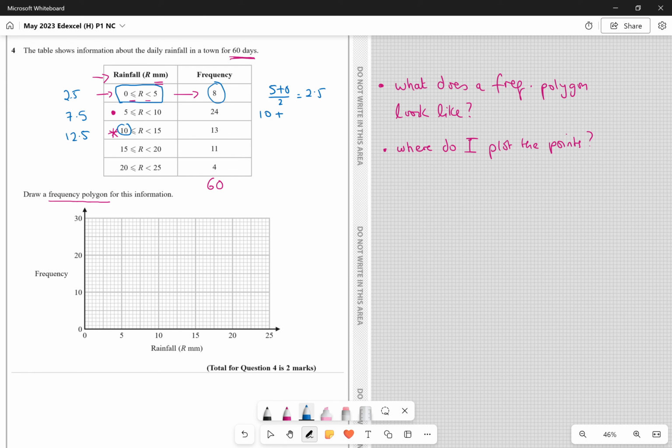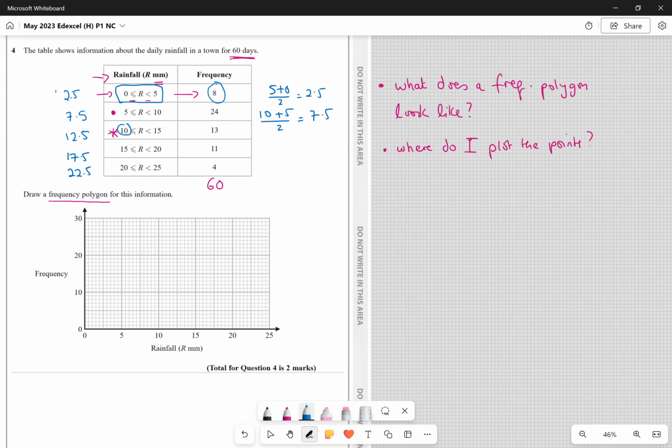So 10 plus 5 divided by 2 is 10 plus 5 is 15, divided by 2 is 7.5, and so on. You could do it like that as well. But I'm simply taking 15 and I'm adding 2.5 to it because that was my class interval right at the beginning, and the midpoint of my class right at the beginning. So 15 plus 2.5 is 17.5, and 20 plus 2.5 is 22.5.